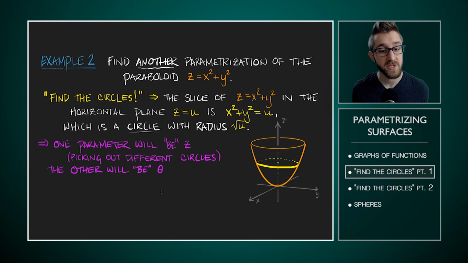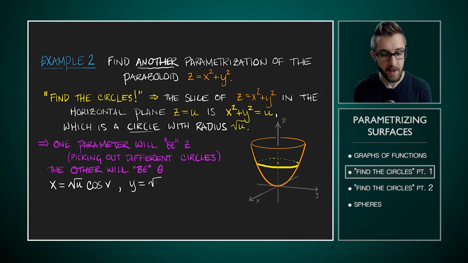Now, when it comes to actually writing down the parameterization, we already know that z is going to be equal to u. For x and y, let's go back to this observation and note that if z is fixed and it's equal to u, then x and y essentially need to go around this circle of radius square root of u. So let's parameterize in x and y a circle of radius square root u, which we do by square root of u, the radius, times cosine of the angle, which we're going to call v.